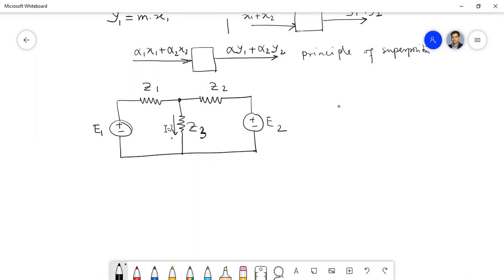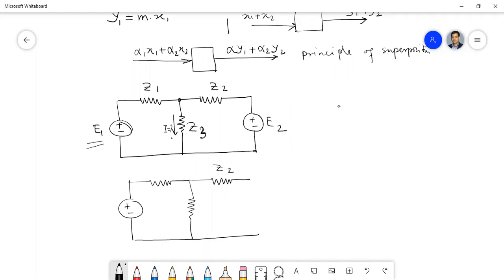Now suppose first I will consider source 1, that is E1. When I am considering E1, what should I do? I mentioned it in the theorem.